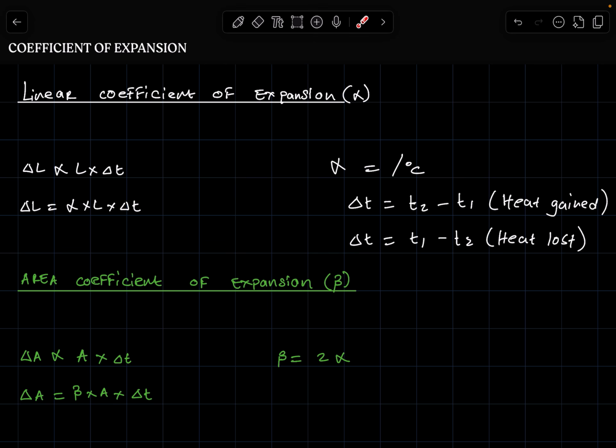Expansion means, depending on if you're looking at the material from a linear perspective, or from the area perspective, or from a volumetric perspective, when an element expands, it increases. If you're looking at it linearly, it increases either the breadth, width, or the length.